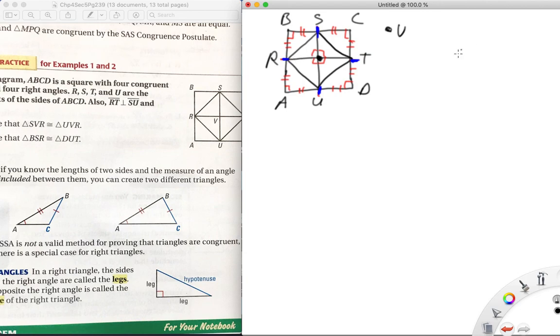So if I was to draw this out over here and superimpose, here's SVR and here's URT. Okay, so UVR and SVR.